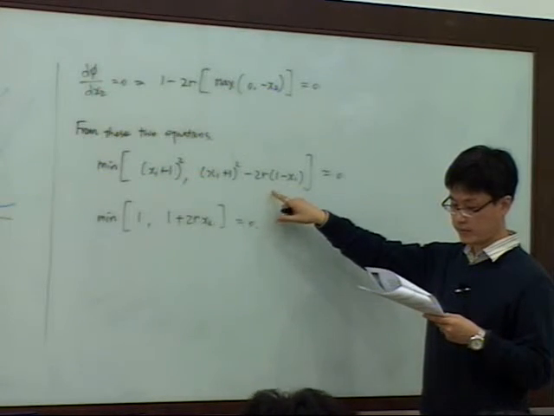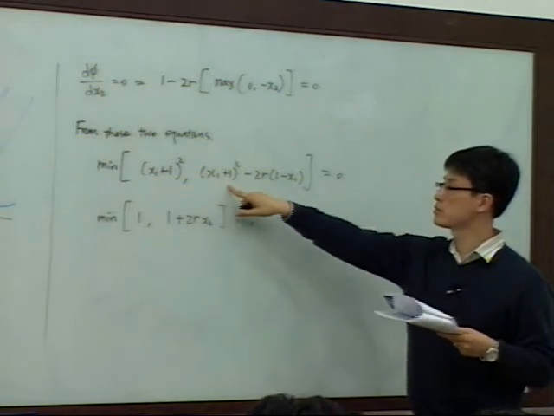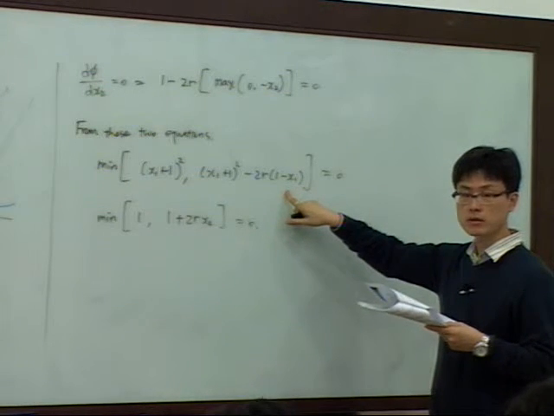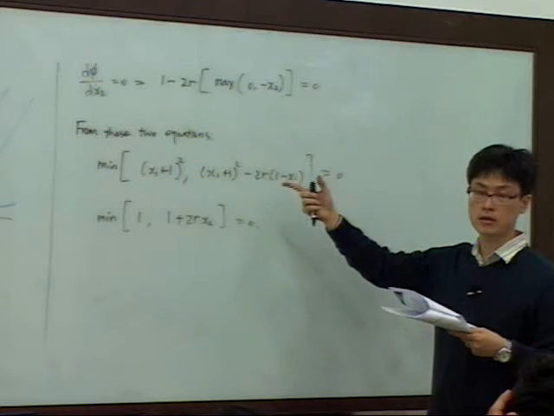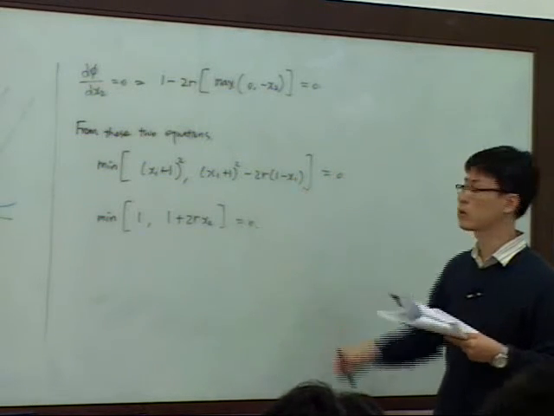And this one, what if this is equal to 0? Then it's fine. It does not violate any inequality constraint.